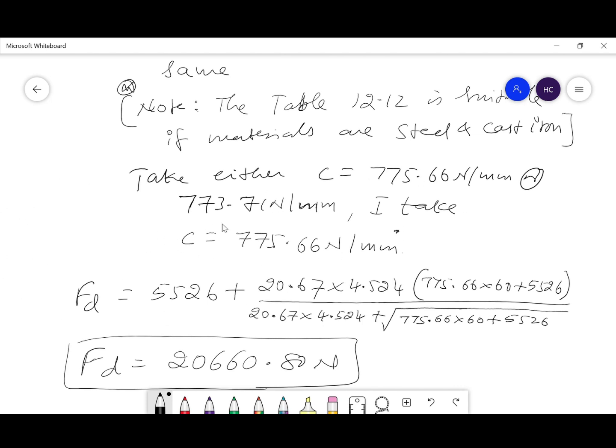If you take higher value here, FD will be higher, so that will make FW stronger than FD. That's why I have taken 775.66. Slightly it gives us a higher FD. So either you can take 775.66 Newton per mm or 773.71 Newton per mm. It's not a much difference.